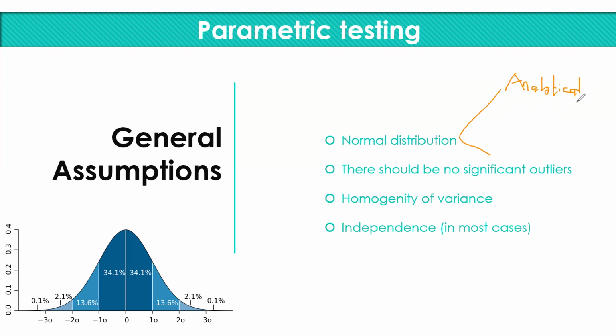Then apart from the analytical method, we also have the graphical method of checking the normal distribution of data. So now we are going to look at these methods of determining the normal distribution of data.